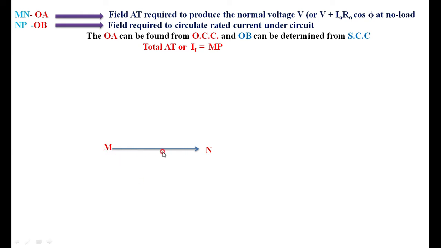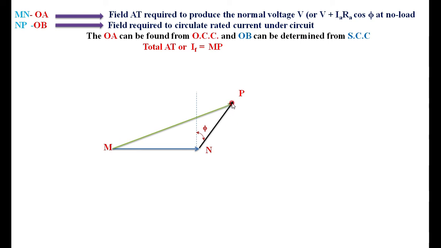For example, MN is the field current required for generating V plus IR cos phi. The NP is the field current required to circulate full load current under short circuit condition. Then I am taking here lagging load. Then your resultant is MP, it is for lagging load.